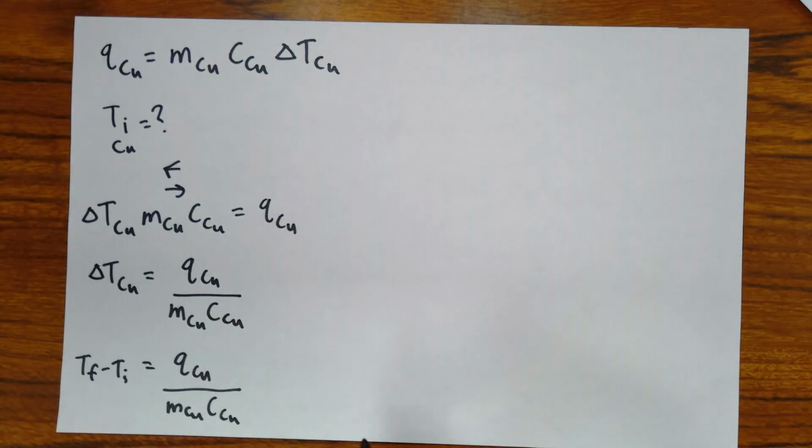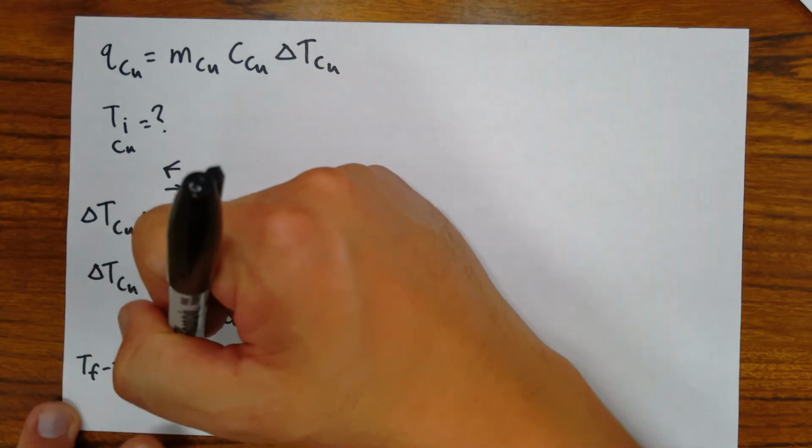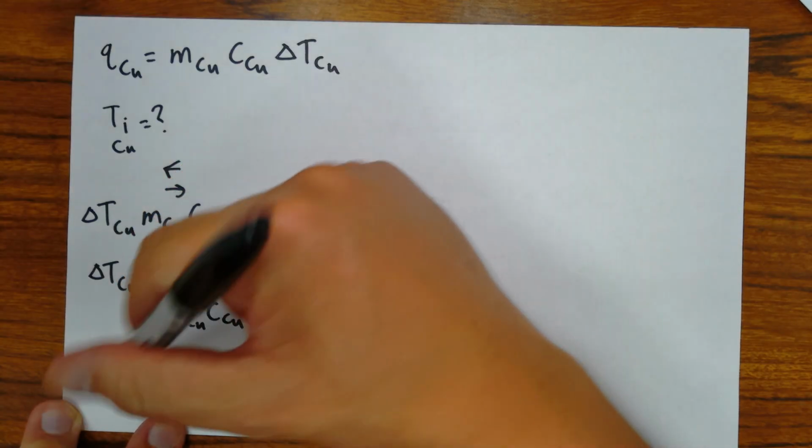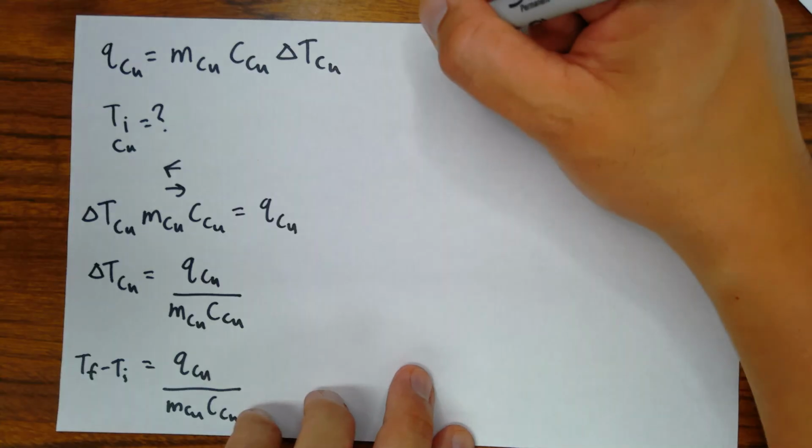And we need to isolate T_i by itself. So I'm going to switch these terms around, switch sides.